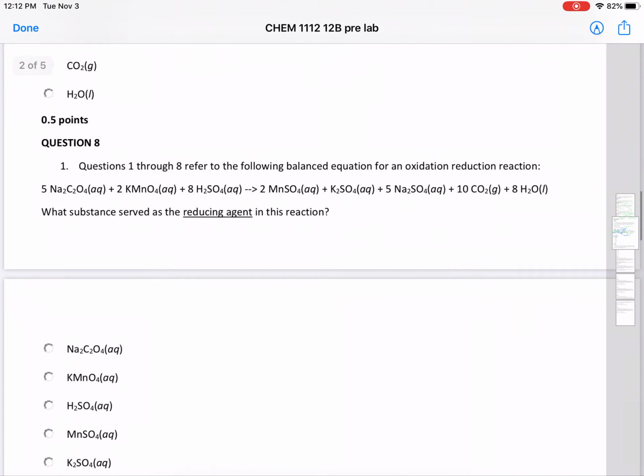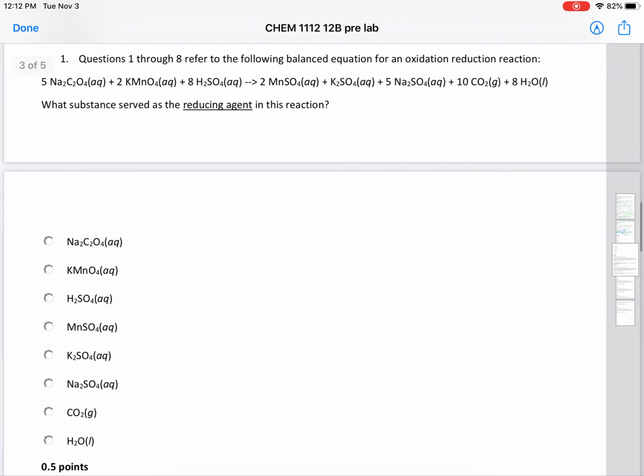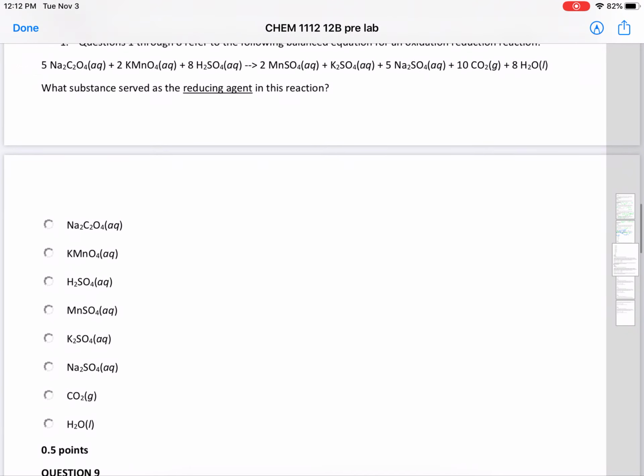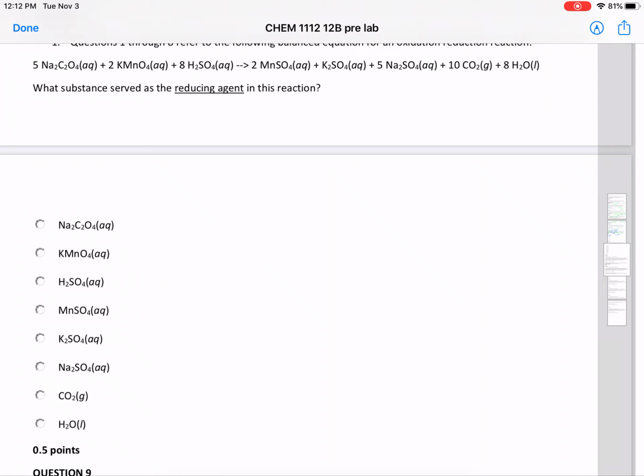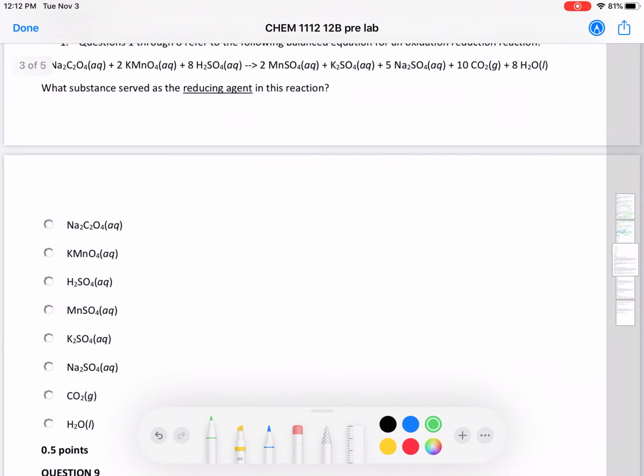So your reducing agent is going to be sodium oxalate. Okay, because this is helping the other one to undergo reduction. So this is the reducing agent, the one helping the other to undergo reduction. This one is the reducing agent that undergoes oxidation. Okay.